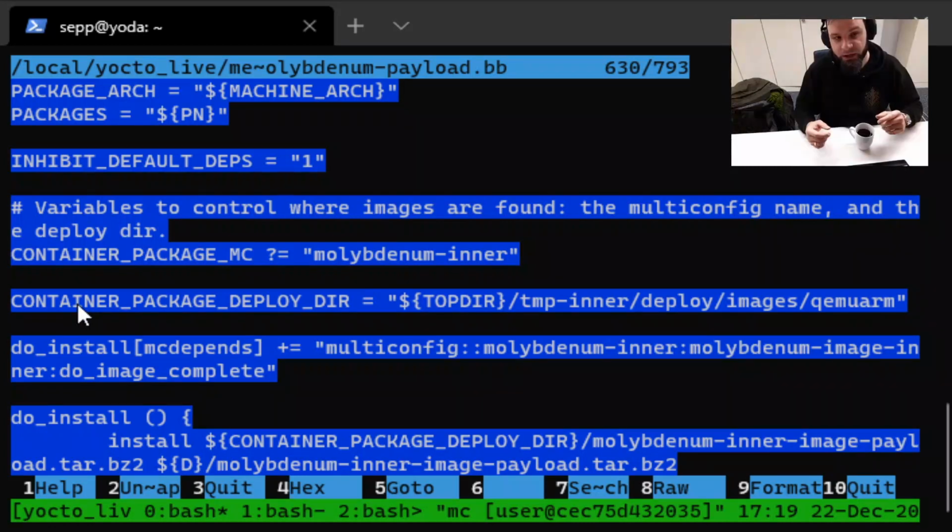You can do that in your distro, or in your local.conf, or in your environment. And in my case, I decided to put it into the payload recipe. The payload recipe is the one place that glues everything together. So, okay, container package.